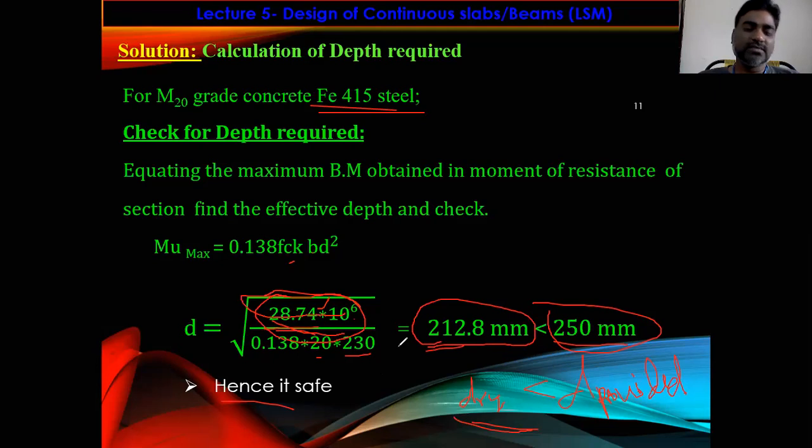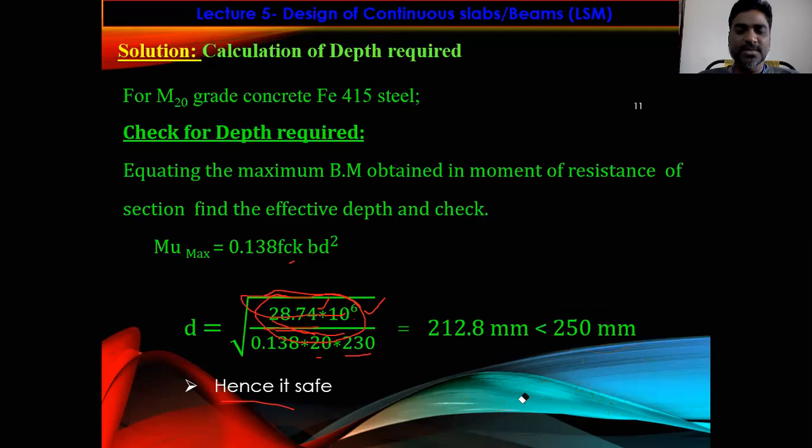That is why I am taking only the maximum. Is it clear? So the dimensions I have provided are more than enough to resist the bending moment. That means it is safe. So next I can go for further steps.